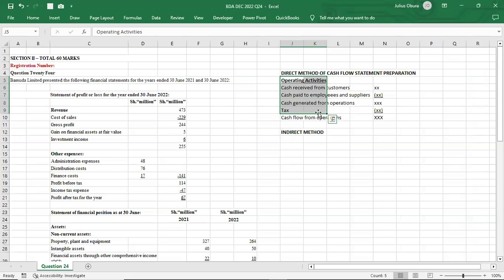That is what we have in the cash from operations.